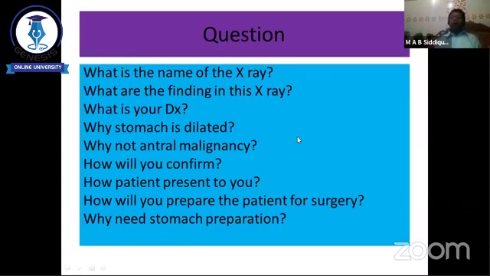How will you prepare the patient for surgery? This is very important, as in case of pyloric stenosis, the stomach is hugely distended and edematous due to retained food matter. There is gastritis. So we need to prepare the patient for surgery. Before surgery, we usually prepare the patient for at least 3 days by gastric lavage.